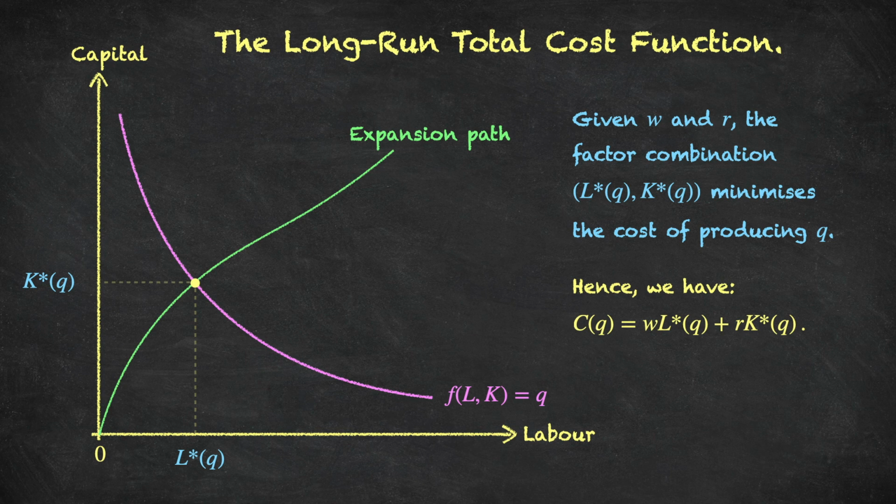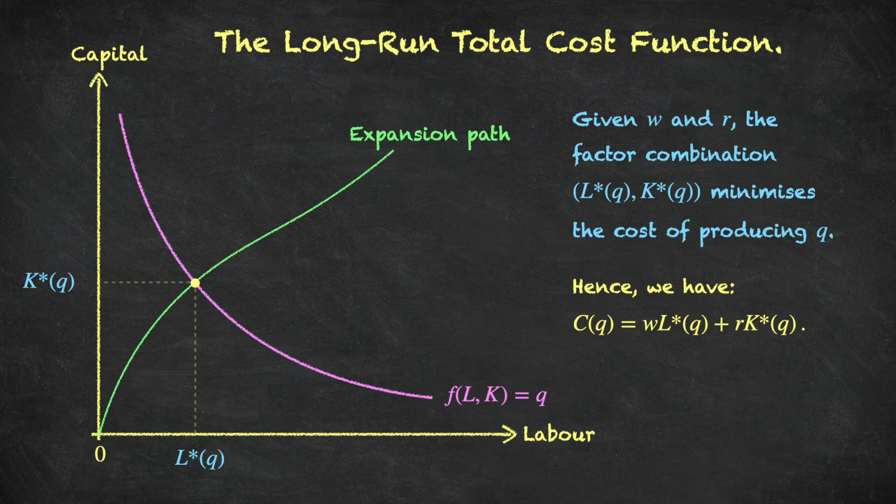Then, to get the value for the long-run total cost function, I simply take the cost of that particular input combination. So C of Q is equal to W times L star of Q plus R times K star of Q. Again, if I wanted to choose a different output level, I could follow the same algorithm, and doing this, I could construct the long-run total cost function for all conceivable levels of output.